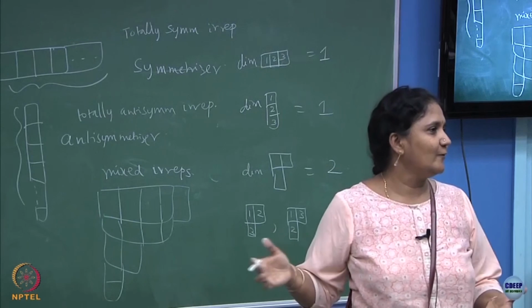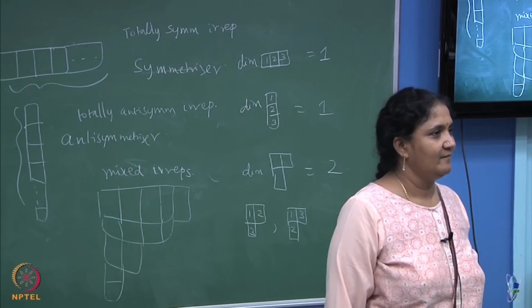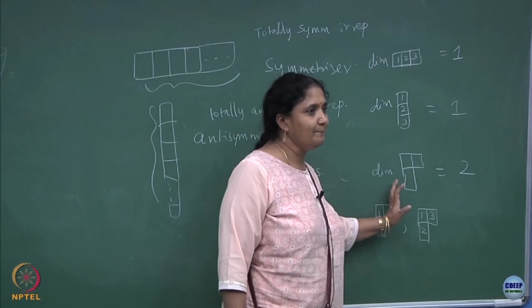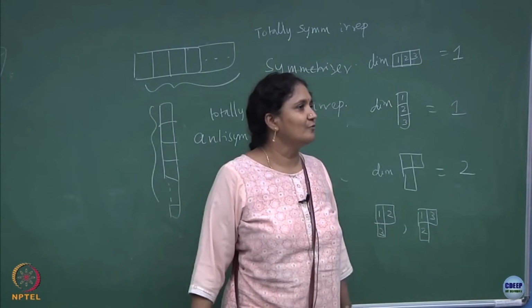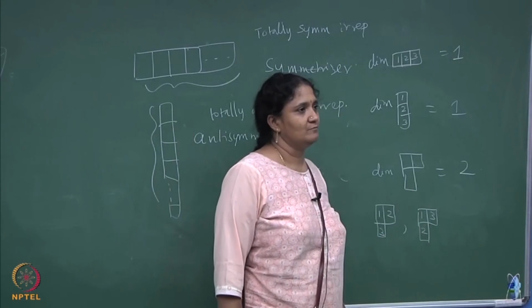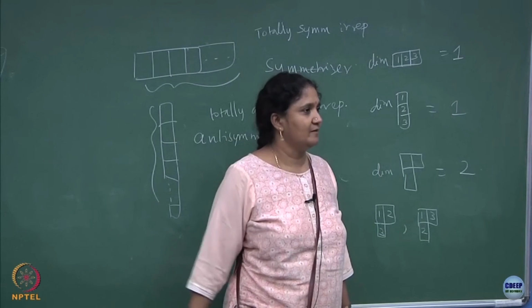Similarly, there is also an expression for how to determine the dimensions of the irrep for the permutation or symmetric groups of degree 3 or more, degree n also. There is a formula which I am going to show, and then I will explain it.